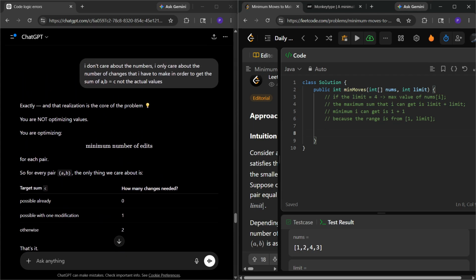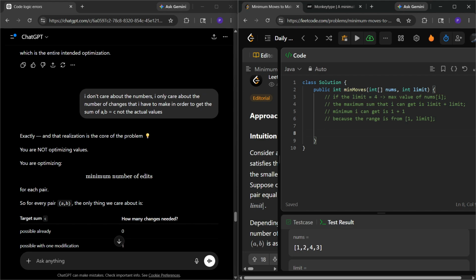Now the range becomes 1 to limit. The min is 2 from 1 plus 1. The max is 2 times the limit.